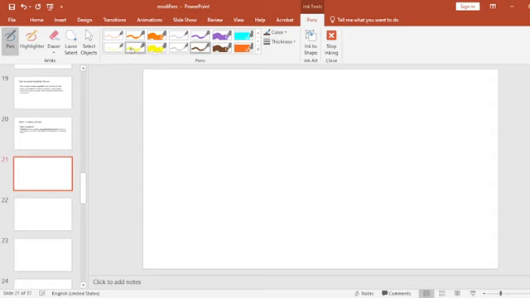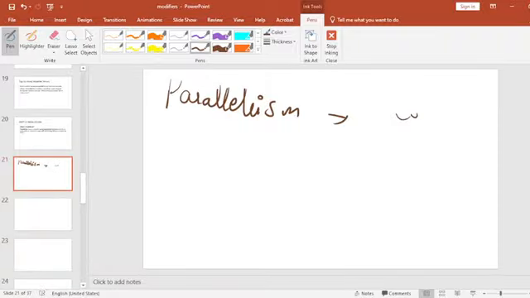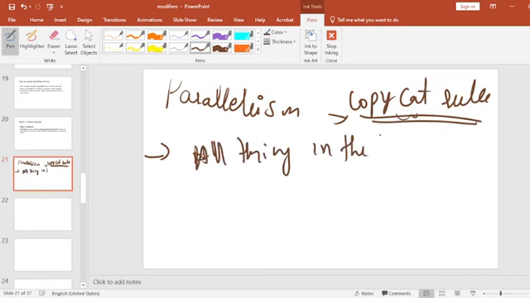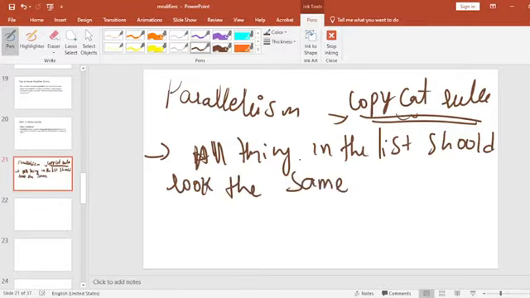It's also called copycat. So what parallelism is, is nothing but all the things in the list should look the same. So that is called parallelism.